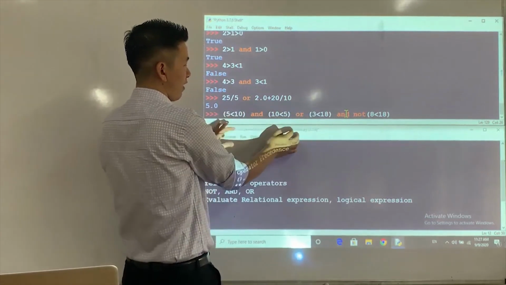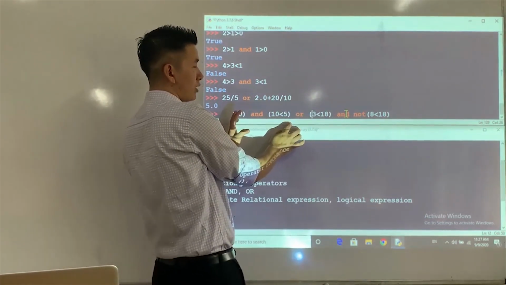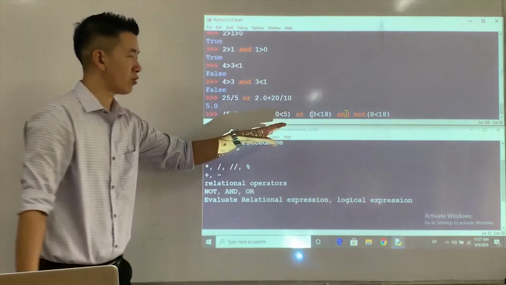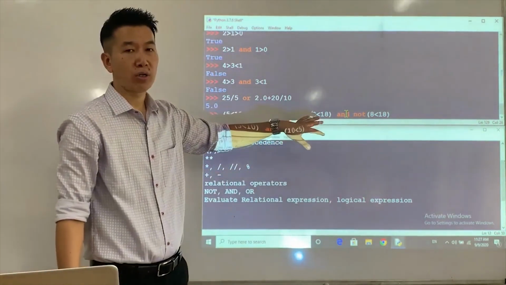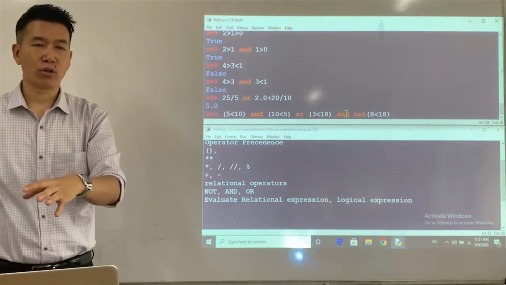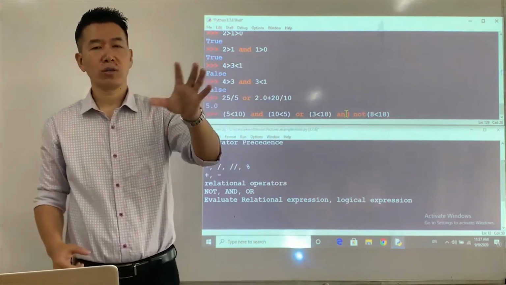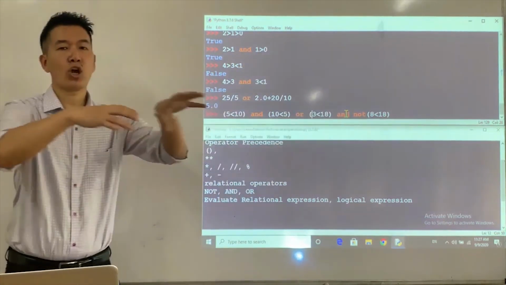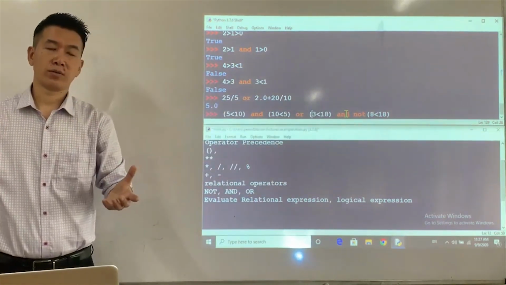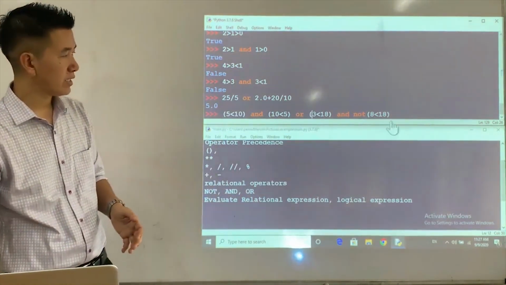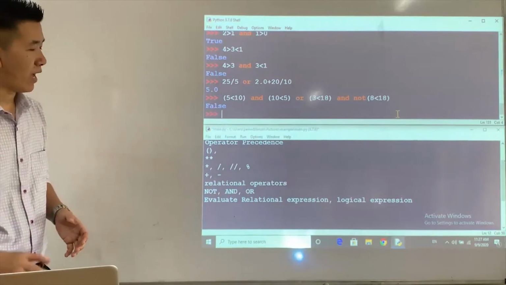So you have false on the left side of the OR, and then you have false also on the right side of the OR. So when you have false or false, the answer should be false. When you press enter, you should get the answer as false.